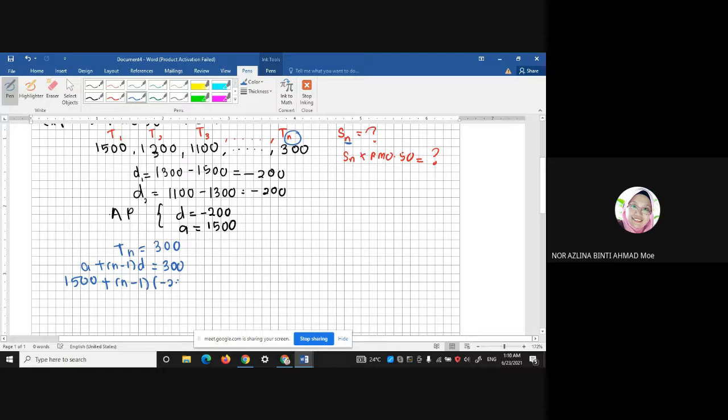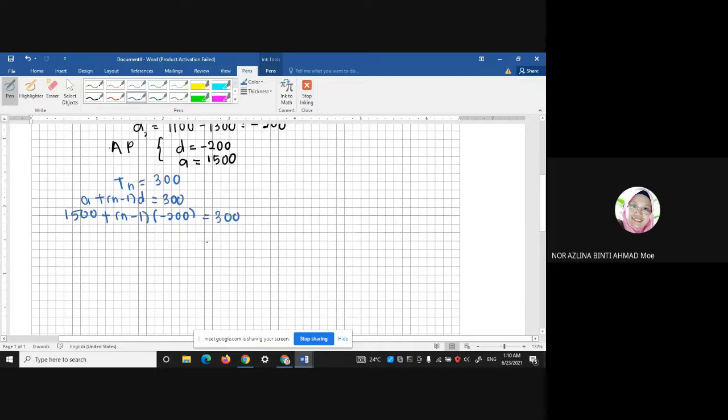Ni operasi darab antara dua kurungan tu. Okay, nak selesaikan yang mana? So N tolak 1 darab dengan negatif 200. Kita letak dulu sebelah kiri. So 300 minus 1,500 tu bawa ke kanan. So dia jadi minus. Plus pula minus. So ini akan dapat negatif 1,200.